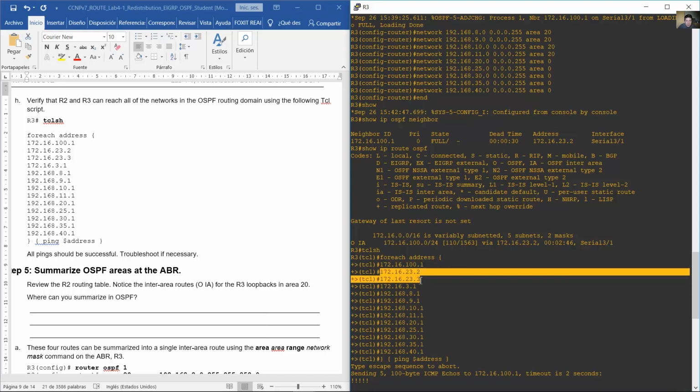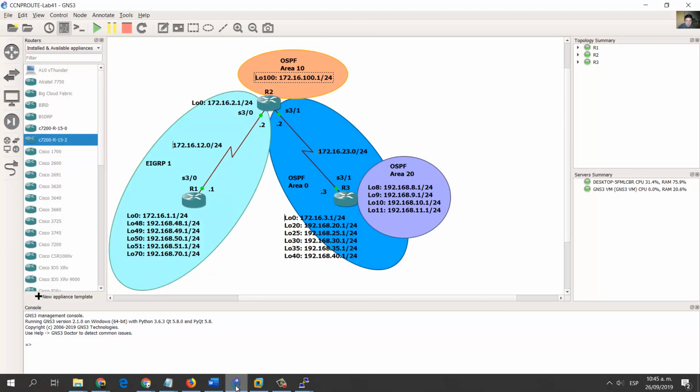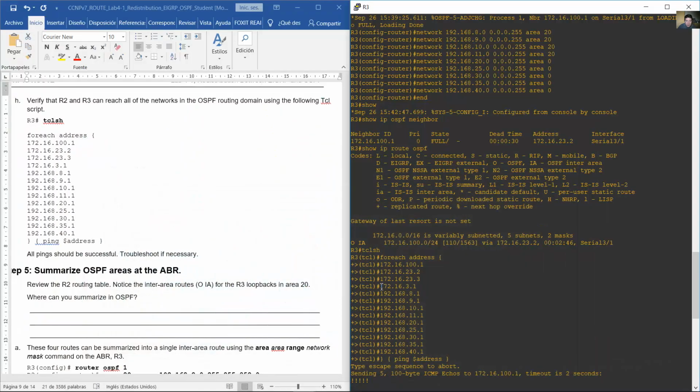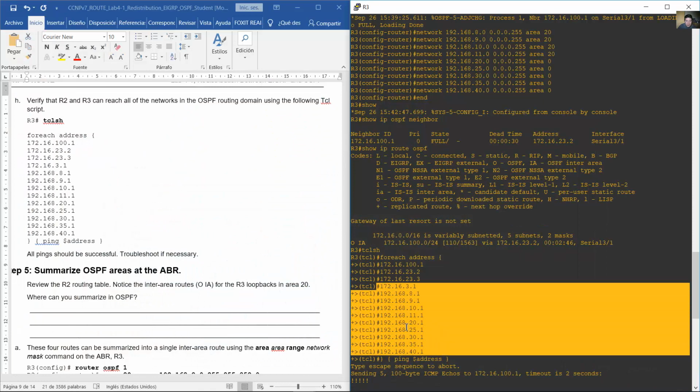serial interfaces between R2 and R3, and loopback interfaces on R3.